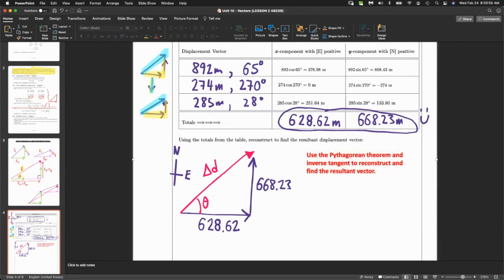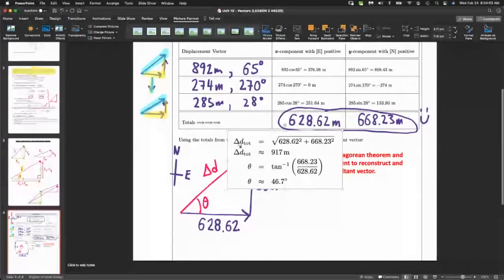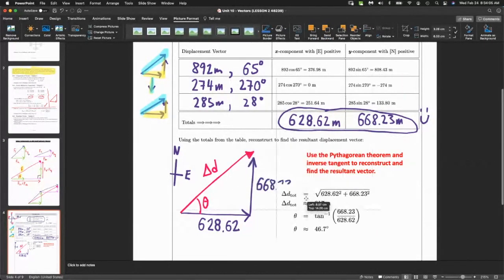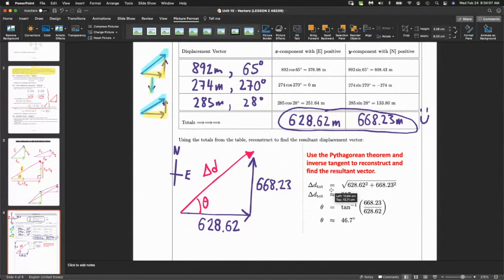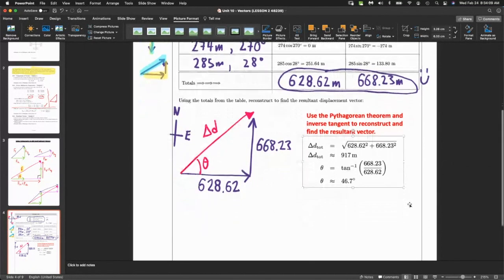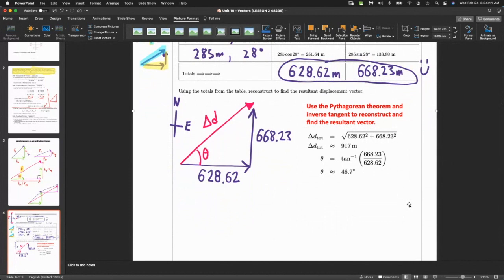So I've already done the calculations here, and because you're very, very capable of using Pythagorean and tan, I'm only going to screenshot my answer there if you don't mind, because that stuff won't fit by hand nicely. So what I've done now is I've reconstructed by using the Pythagorean theorem. That's the first part here.